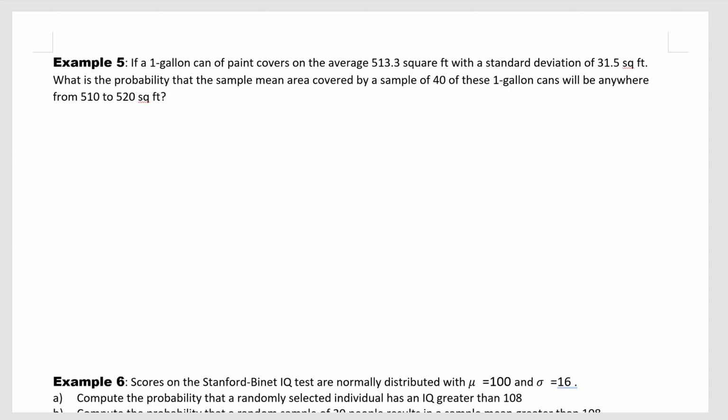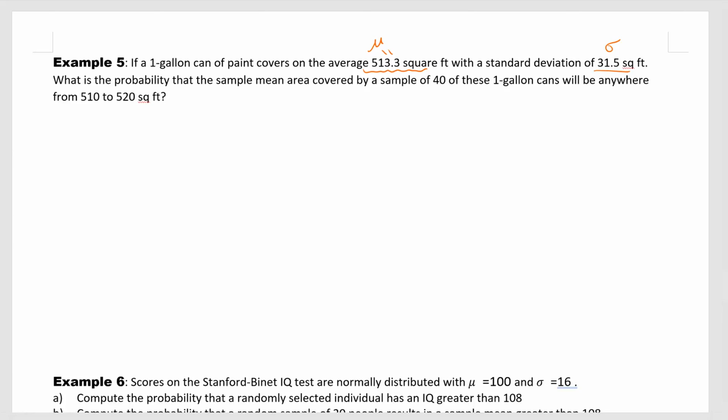So let's identify the numbers. A 1 gallon can of paint on the average, so this is the population mean, with a standard deviation of 31.5.